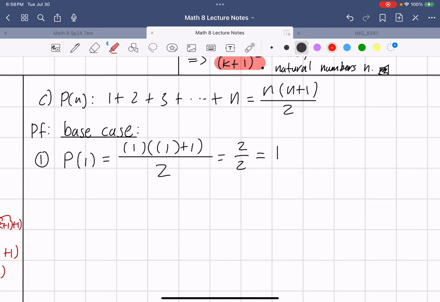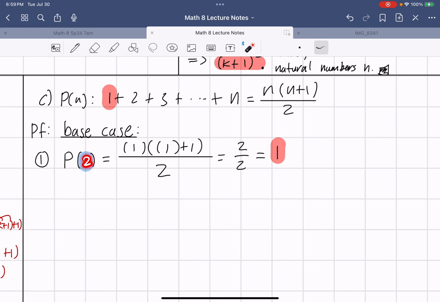And like I said, this one and this one are the same. But this 1 from P of n, from this P of 1, is different. This is the actual value in this first term. This one is the concept of the first term.